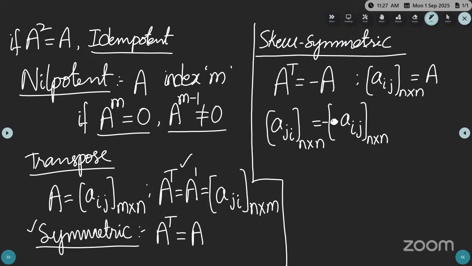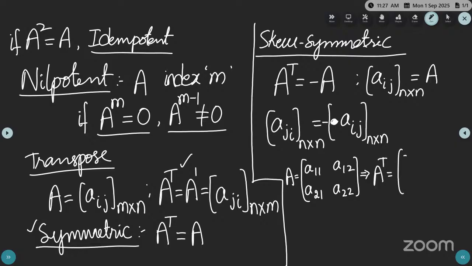Suppose you have A11, A12, A21, A22. If this is A, what is A transpose?